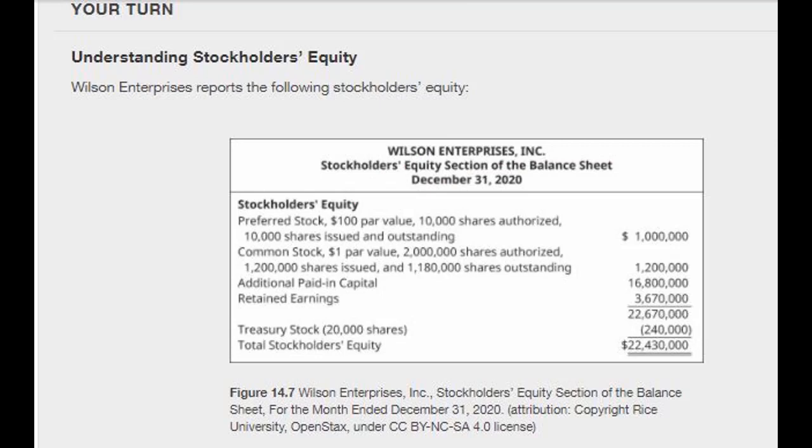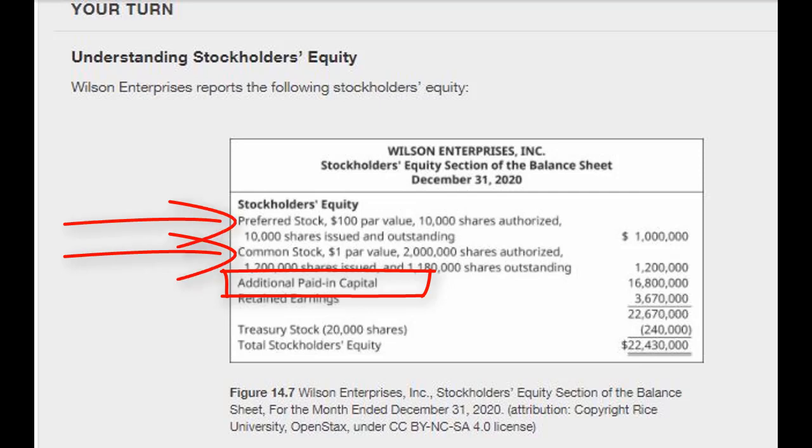Number 2, there is another line called additional paid-in capital. Why do we need that? Well, look carefully at the common stock line and, for that matter, the preferred stock line.